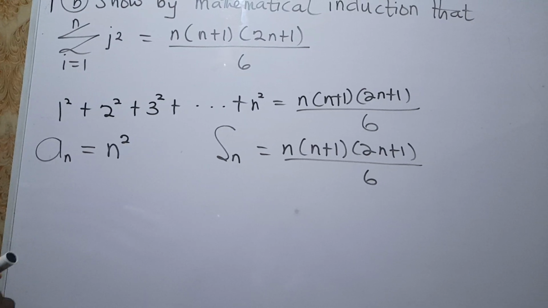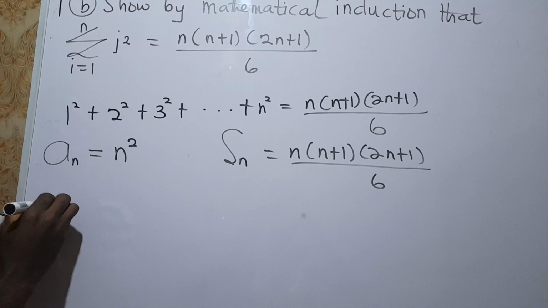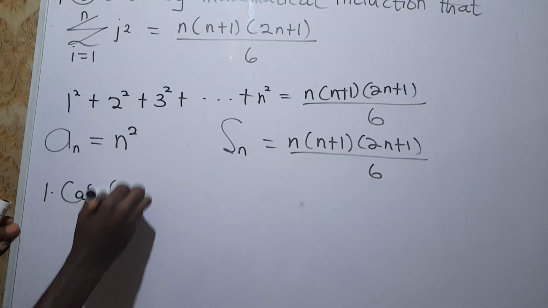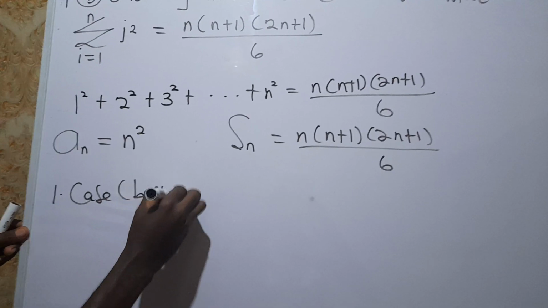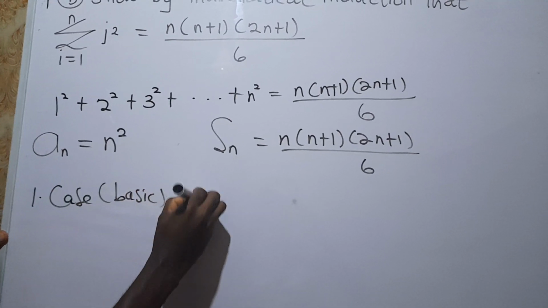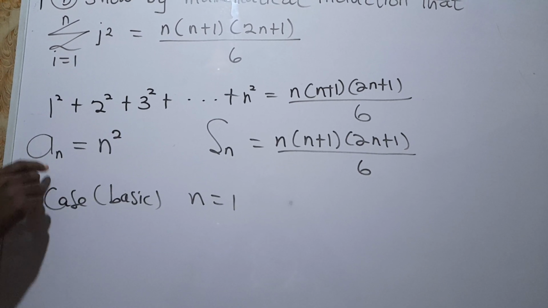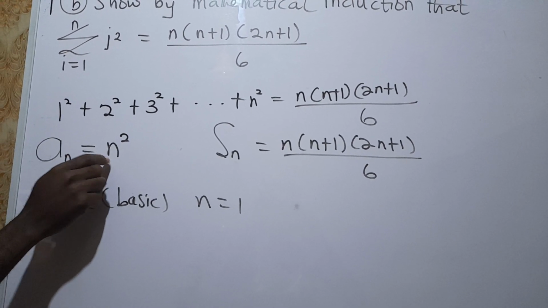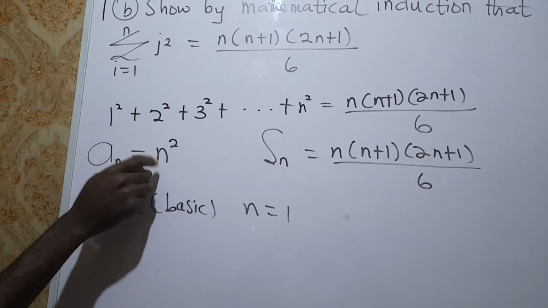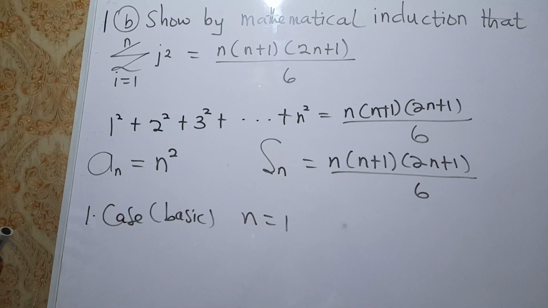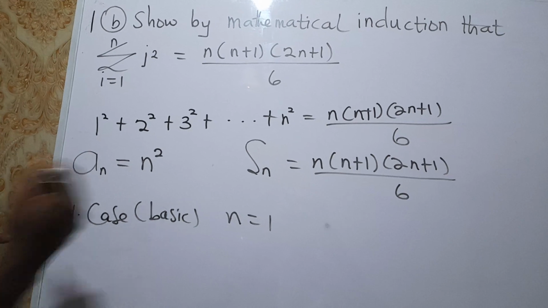So now let's find out the basic form, case 1, whether it will be true when n equals 1. So when n equals 1, we must make sure that the term of the sequence is equal to the sum of the sequence. That's it. So let's find out.